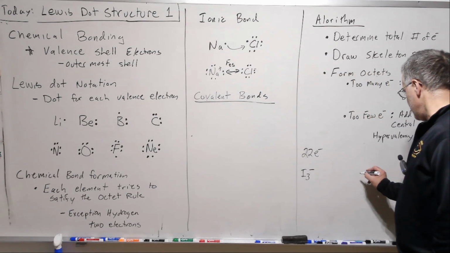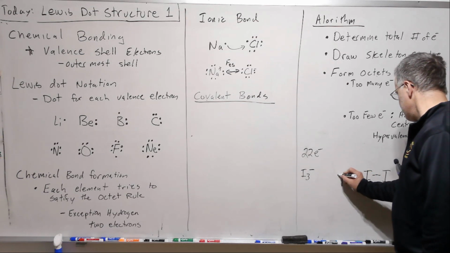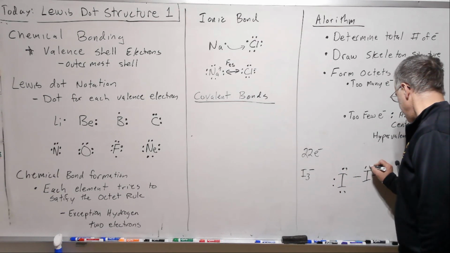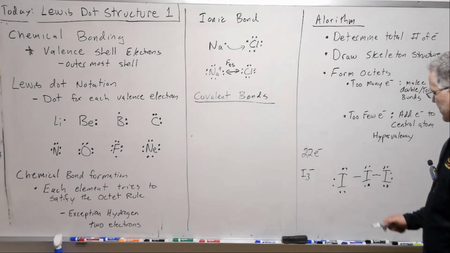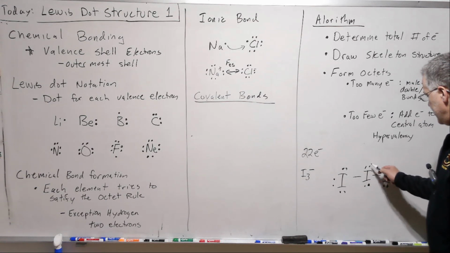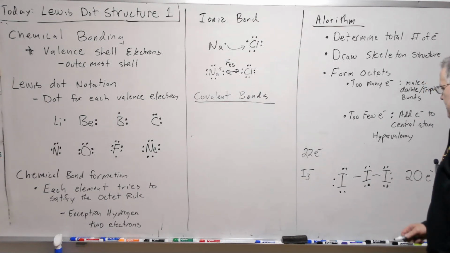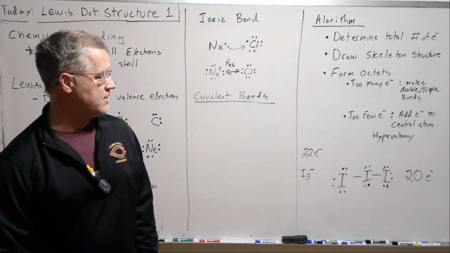All right, so let's draw the skeleton structure. And let's count our electrons. 2, 4, 6, 8, 10, 12, 14, 16, 18, 20 electrons. But we need to have 22, so this cannot be a valid Lewis structure.